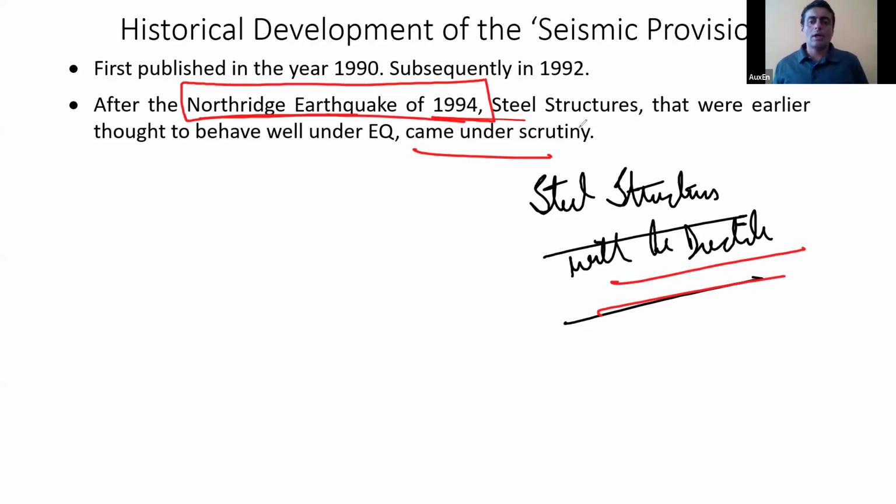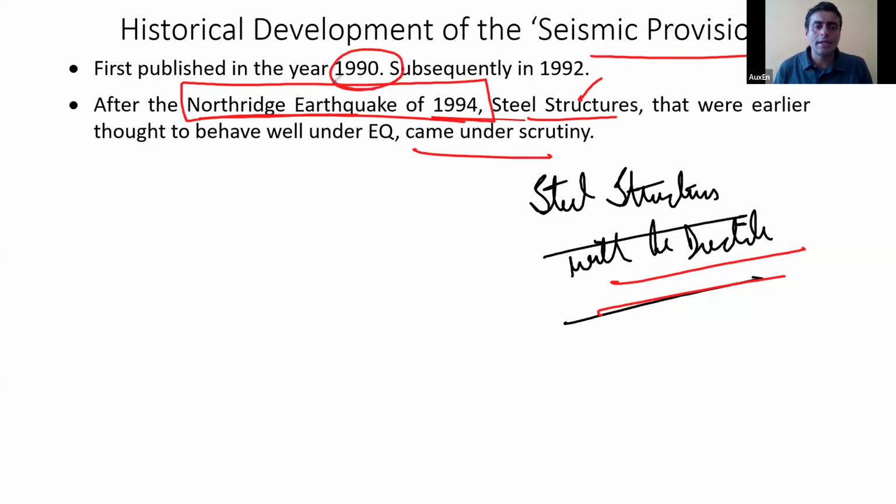A lot of local failures in the beam column joints, in the beam column panel zones, near the beam ends, at the column baseplate connections. A lot of failures and signs of distress were seen. That is when the seismic provisions were developed more seriously. Until then, it was just a regular publication.